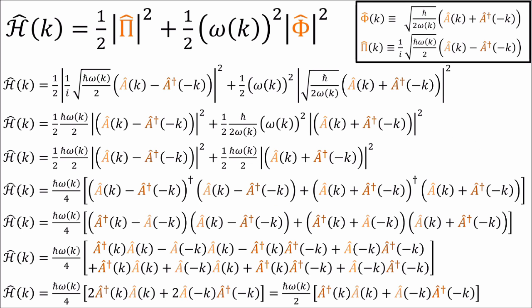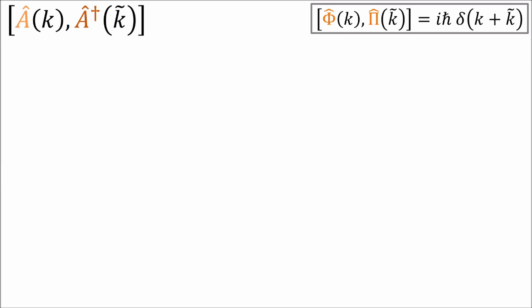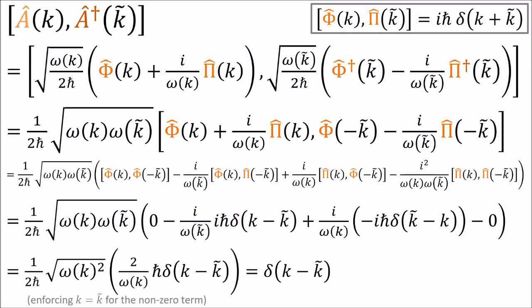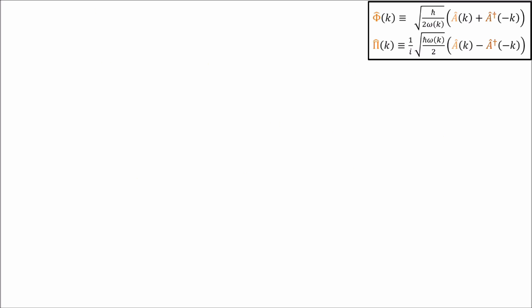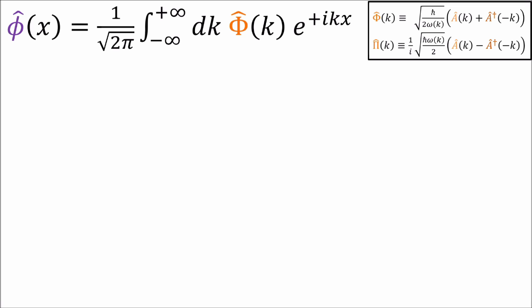You can pause the video here if you want to see how to rewrite the Hamiltonian density using big A operators. It can also be shown that the big A operators obey these commutation relations. So when people talk about general solutions of the Klein-Gordon field, you'll often see phi of x expressed using an integral over all possible normal modes.